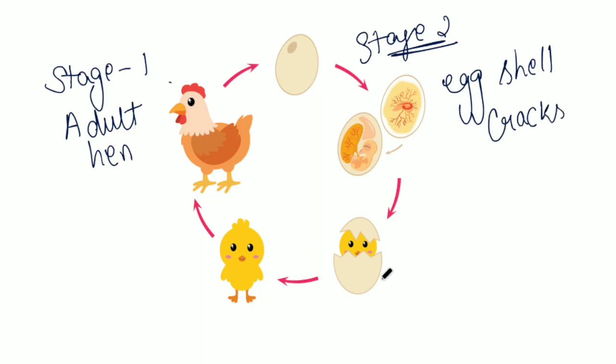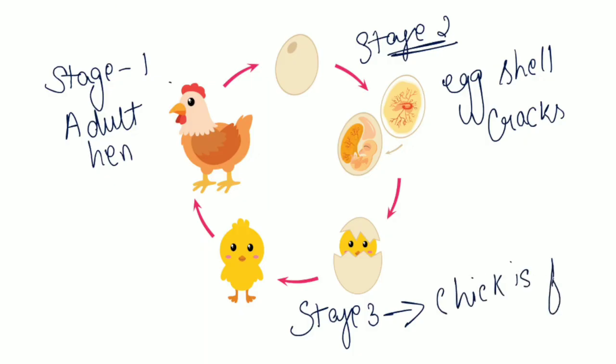What about the third stage? In the third stage the chick is formed. The chick is weak and is being cared for by the adult.